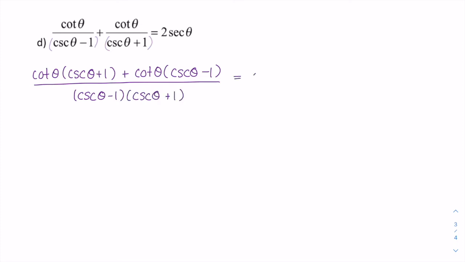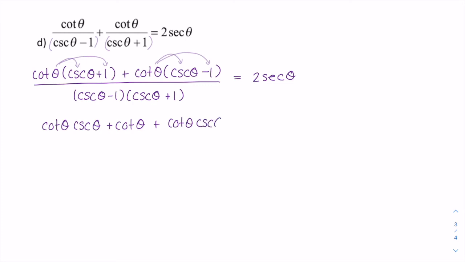And we're still trying to make that equal to 2 secant theta. Now let's multiply in those cotangents so that we can simplify some things. So we'll have cotangent theta cosecant theta, plus cotangent theta, plus cotangent theta cosecant theta, minus cotangent theta.